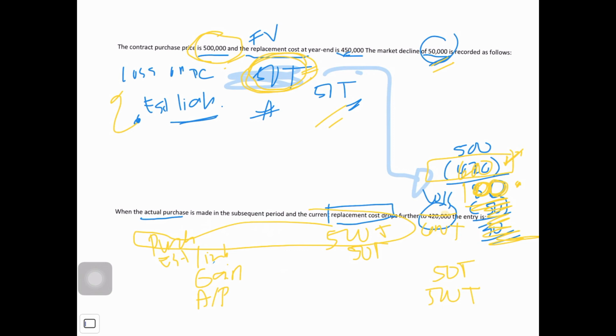So at once it is measured at NRV, and if there is a loss, or if the purchase price becomes higher, our purchases would be recorded at the lower, which is 500. And then our estimated liability, we debit it because we are paying. And then our gain is limited to the recorded loss of 50. Then our AP is still the agreed 50,000. It would not change.